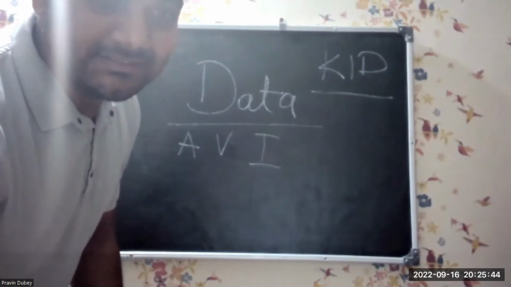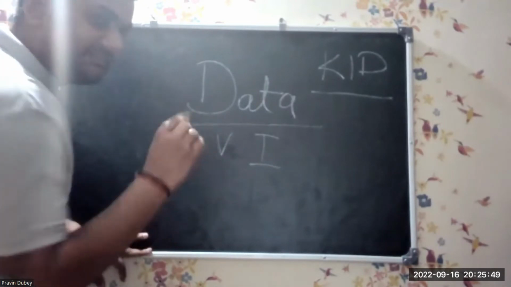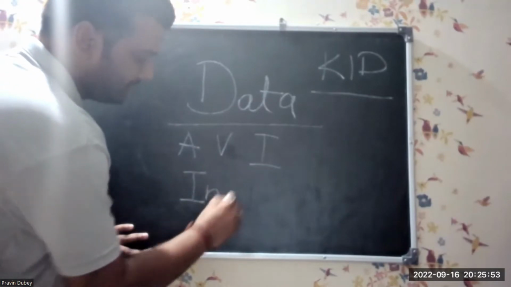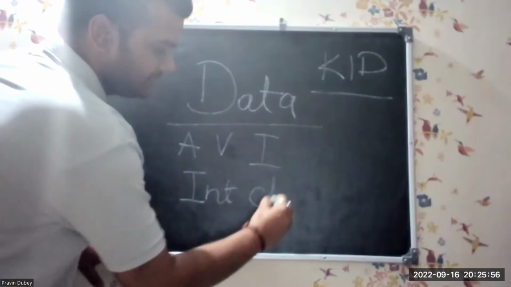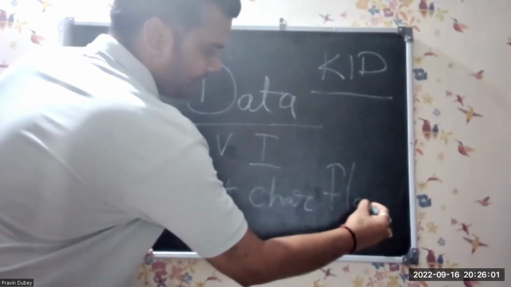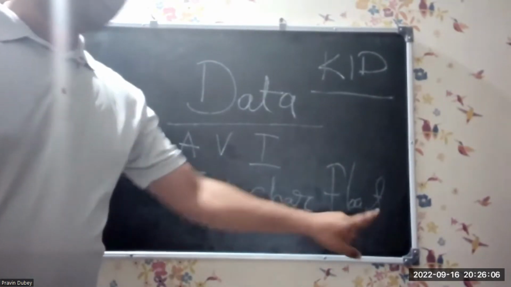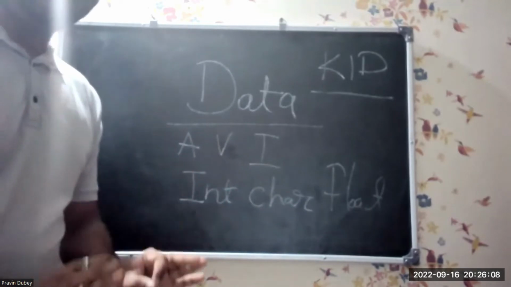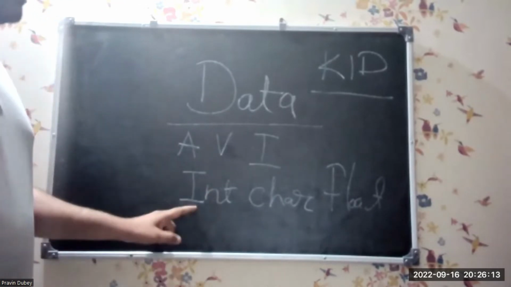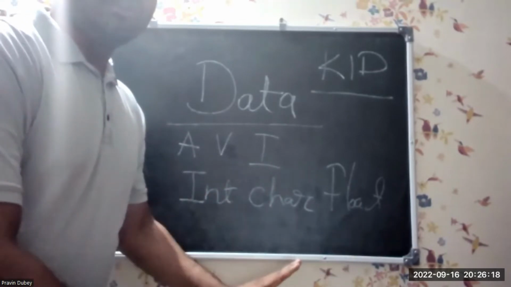When you break audio, video, and images, there are three primary types of data. One is integer, the other is character, and the last one is float. So integer, character, and float are the three primary data which cannot be further divided into any smaller part. Integer is the smallest part, character is the smallest part, and float is the smallest part.